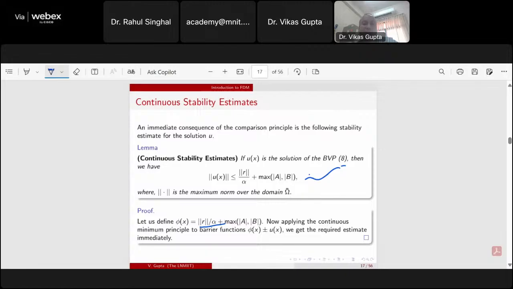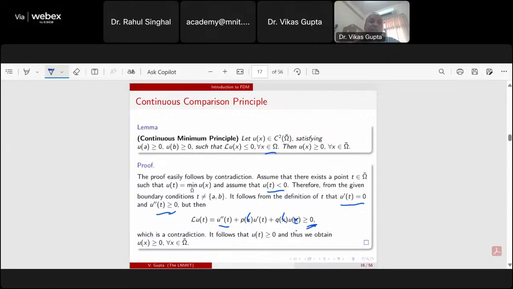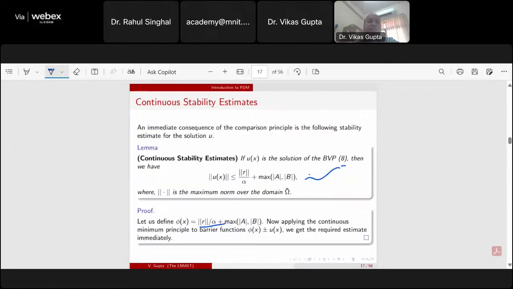Mod a and mod b are the boundary conditions. Alpha is the lower bound for the convection coefficient, and norm r is the source term. We construct this barrier function and apply this continuous minimum principle to it to obtain this stability estimate. Since the problem under discussion is linear, it ensures that the continuous problem itself has a unique solution.